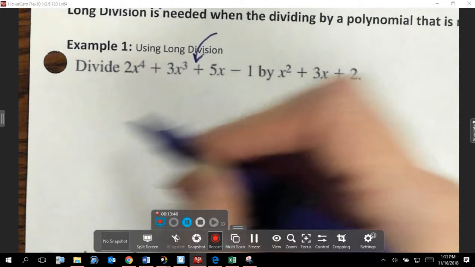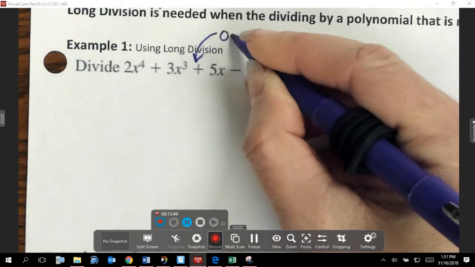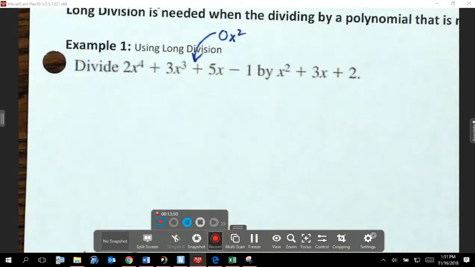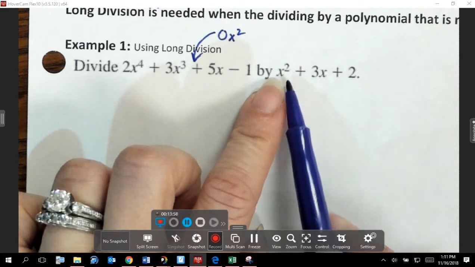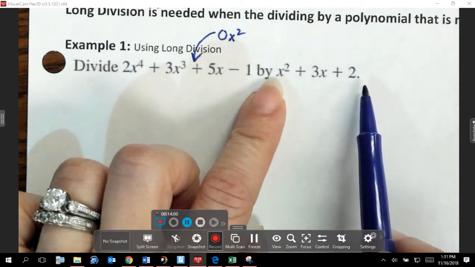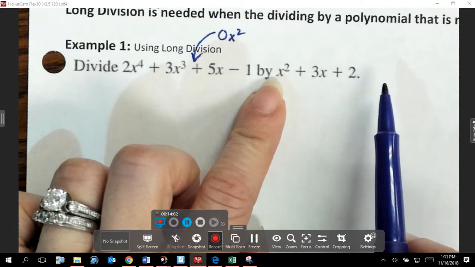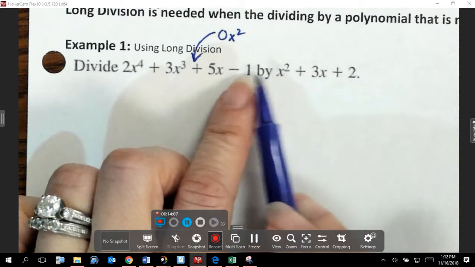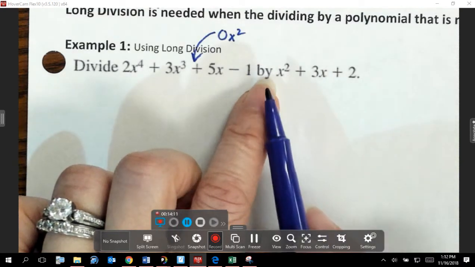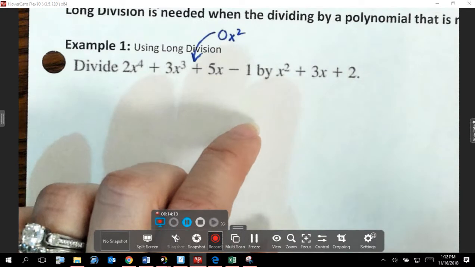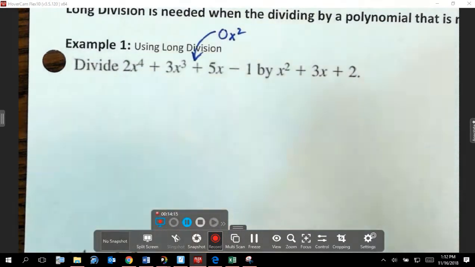So when we rewrite this, we're going to put in a 0x squared. We're going to have a 0 in that placeholder. Am I missing anything in the second polynomial, x squared and x to the first, and no x's? We're good on that one. You do not have to go higher, only lower, because if we go higher, we could go to infinity and beyond.